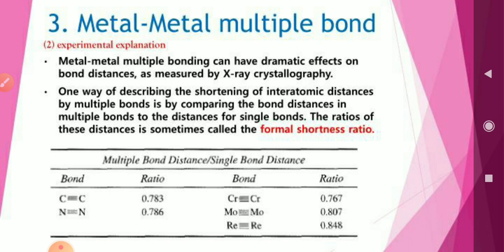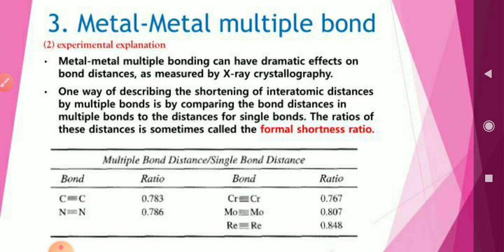The ratio of these distances is sometimes called the formal shortness ratio. You can see that for C triple bond C the ratio is 0.783, and for N triple bond N the ratio is 0.786.